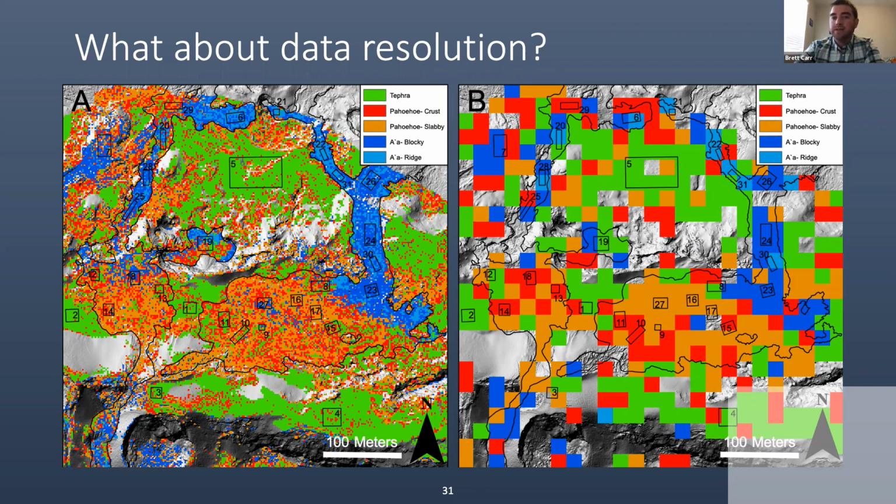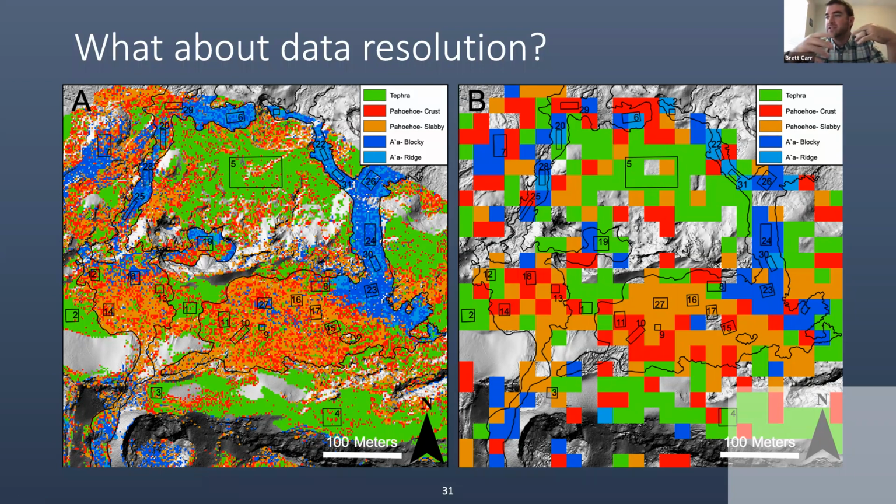And so this does have the result of seeing more cohesive units like you do with your eye. You can look at the drone image, you can look at it in the field and see, oh, that's a region of slabby Pahoehoe. That's a big region of intact crust.